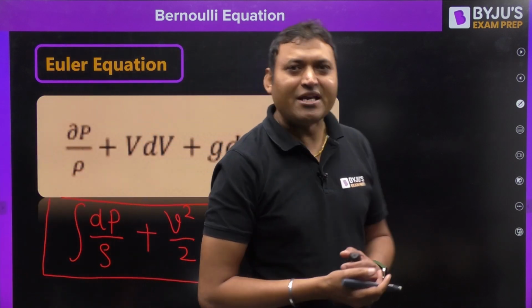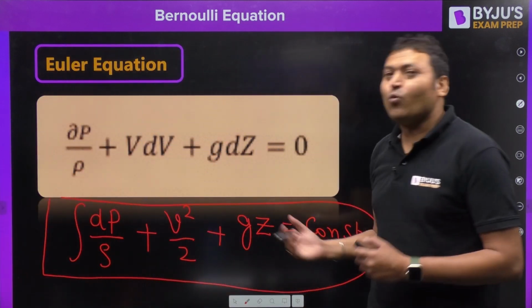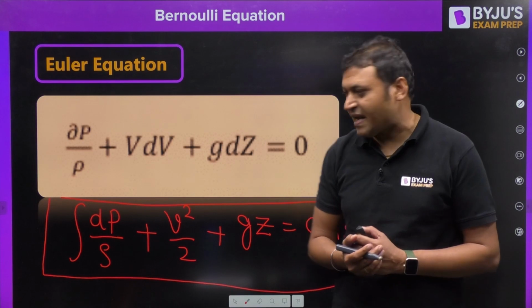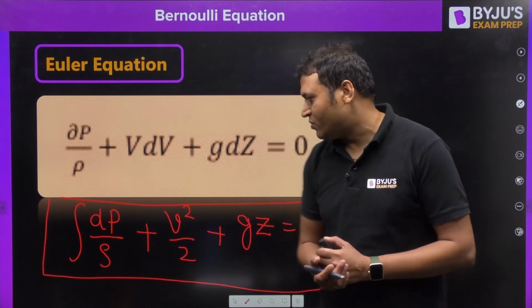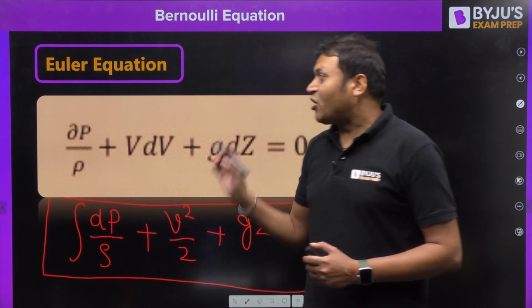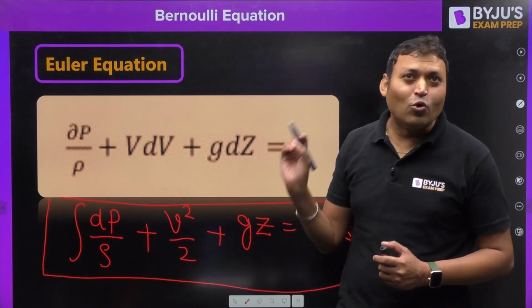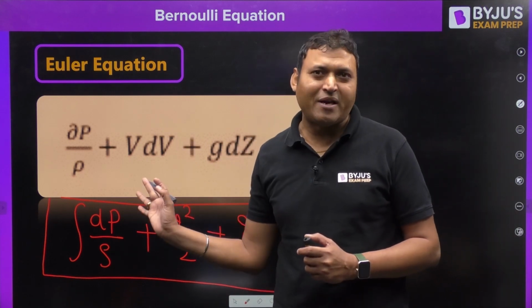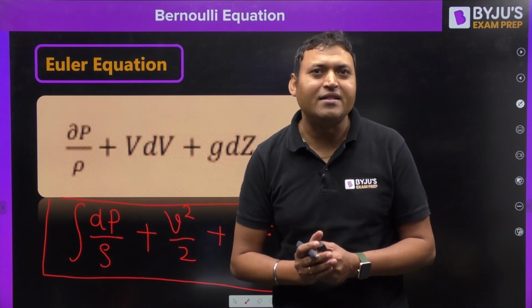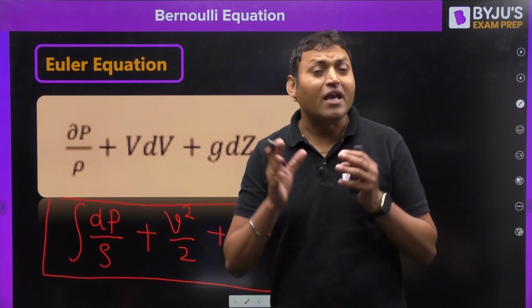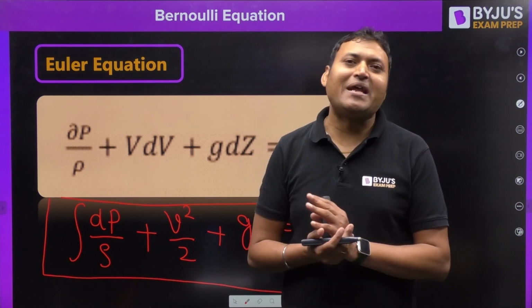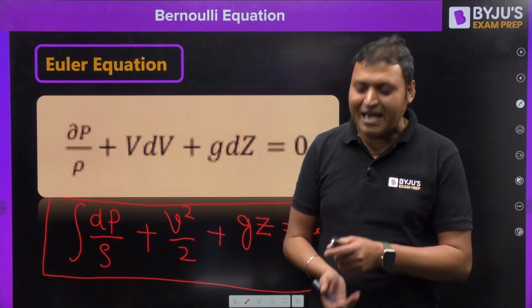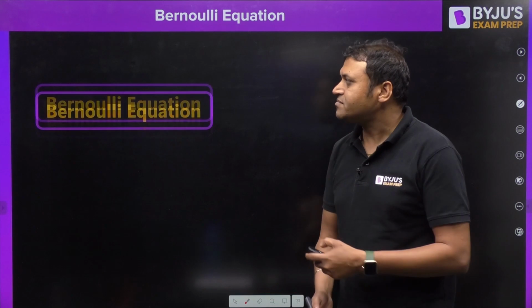P represents the pressure of the fluid, z is the vertical distance from a reference line, and V is the velocity of the flow. Rho is the density. Because we have not considered the flow to be incompressible in this expression, we obtain the Euler equation. But if we assume the flow to be incompressible as well, the density will be constant.